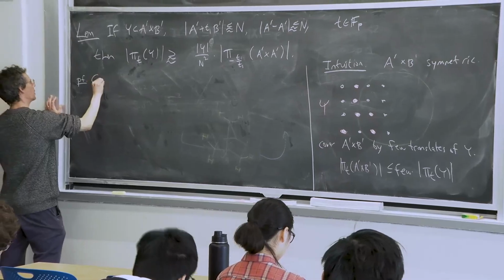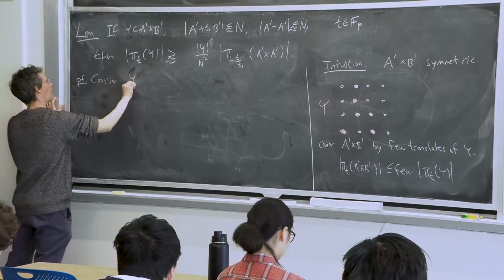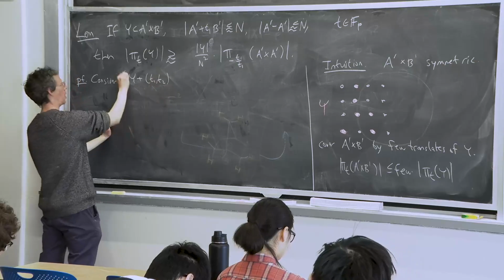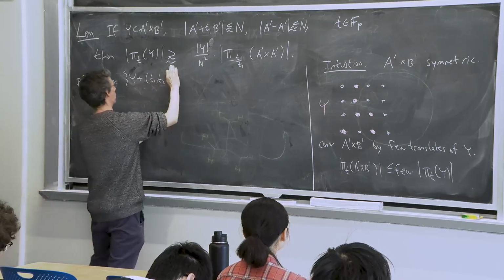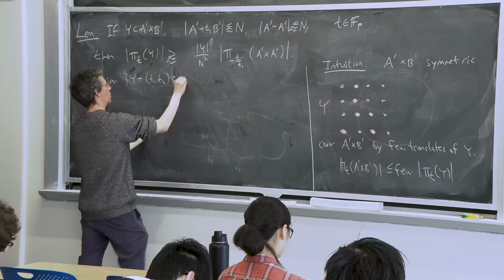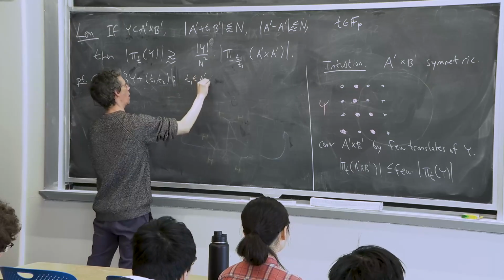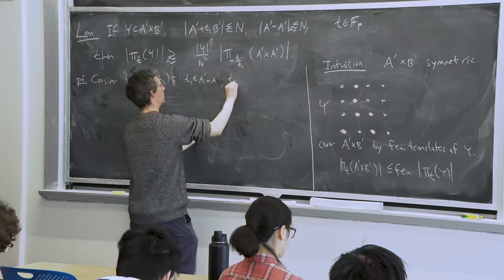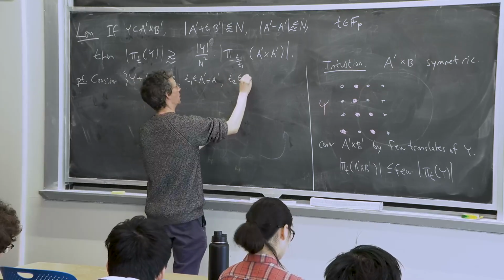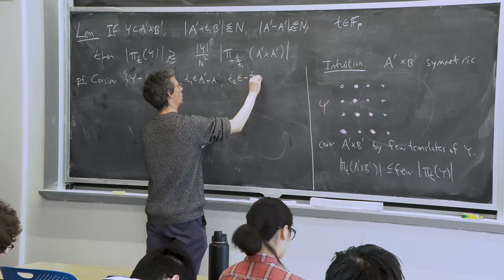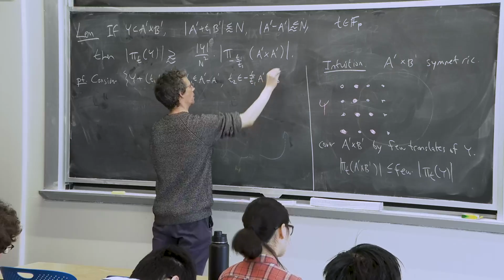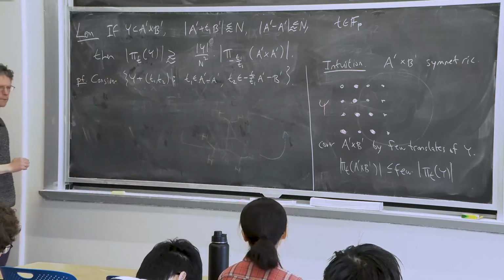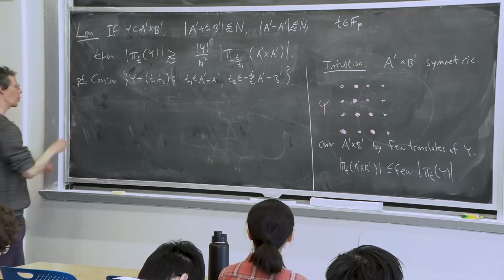So let's consider y plus (t1, t2). These are some translates of y, a set of these, where t1 is in A prime minus A prime, and t2 is in this slightly weird-looking set there.